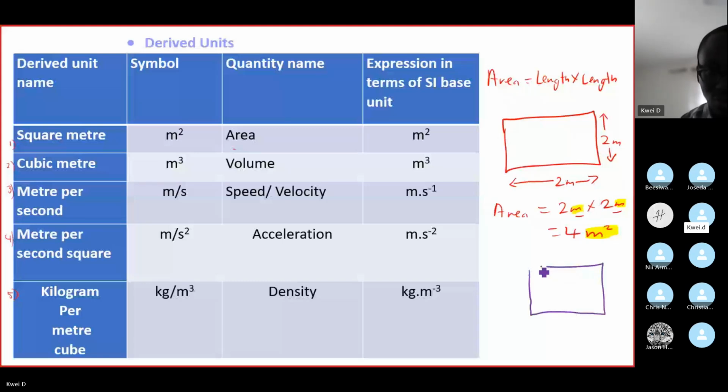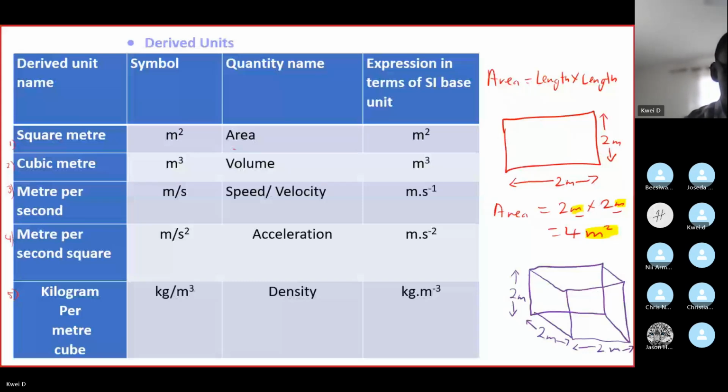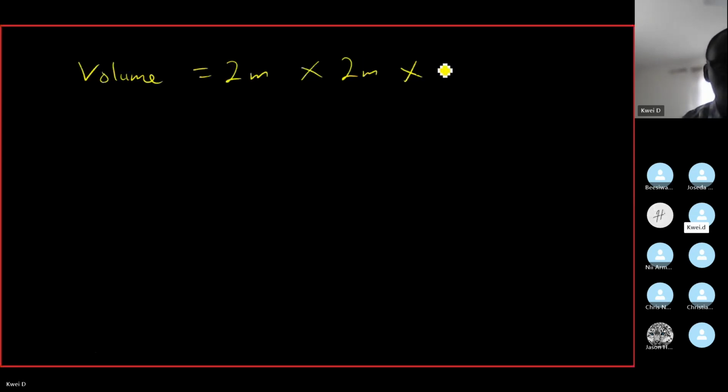So the width is also 2 meters. The height is also 2 meters. Then you realize that if you want to find the volume of this box, it will be what? 2 times 2 times 2, right? So the volume will be given as 2 meters times 2 meters times 2 meters.